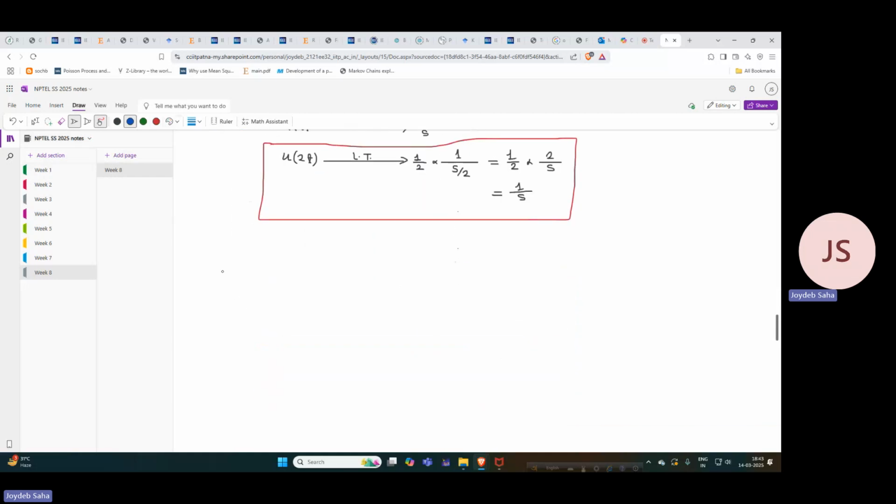Question 7. Find Laplace transform of u(minus t).